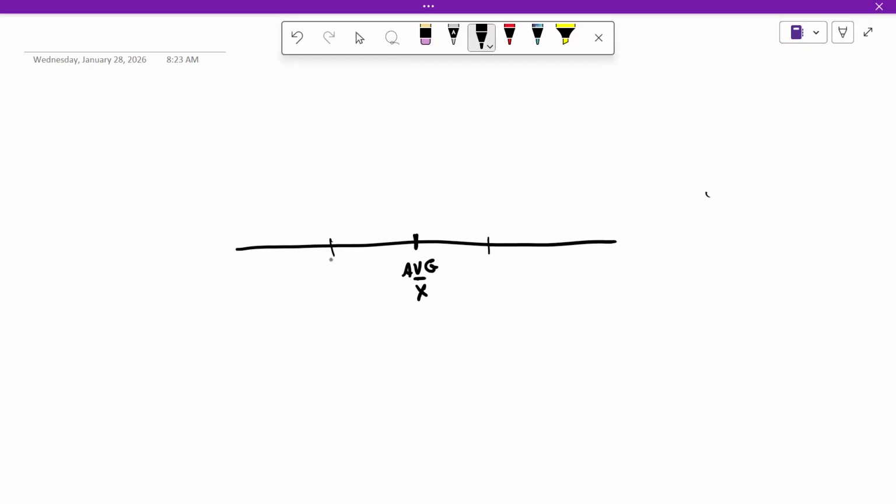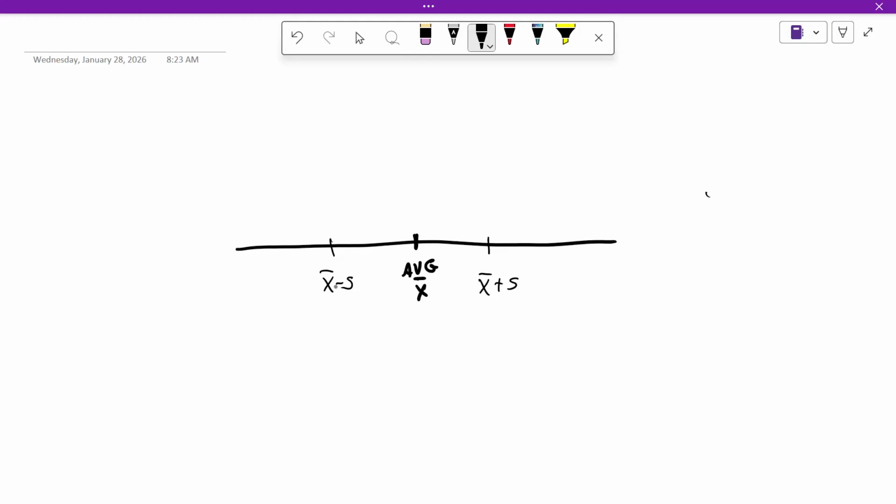If I go up 1 standard deviation from the average, here the average was 8.5, the standard deviation was 4.64. If I add 4.64 to the 8.5, and I subtract the standard deviation from the average, I get a bet.